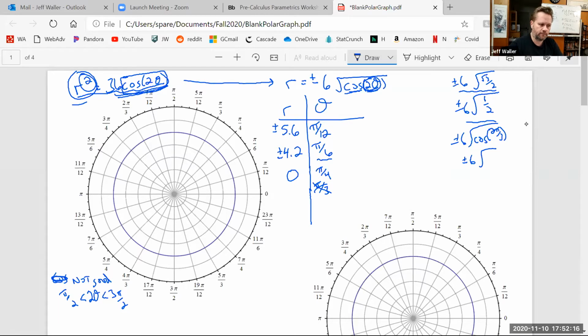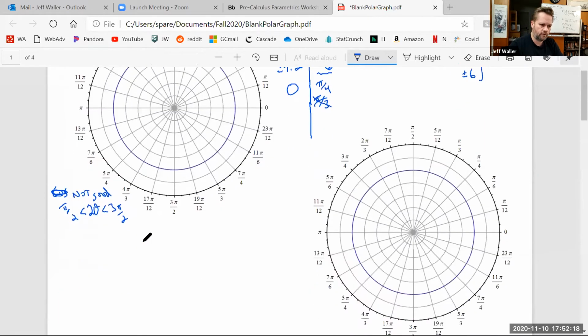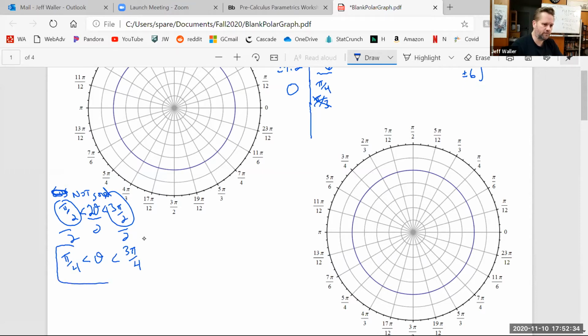Now, real quick, if twice theta has to be between these two things, then I just cut everything in half to figure out what theta can be between. I mean, not between. So these are the things I cannot use. Are you guys still out there?